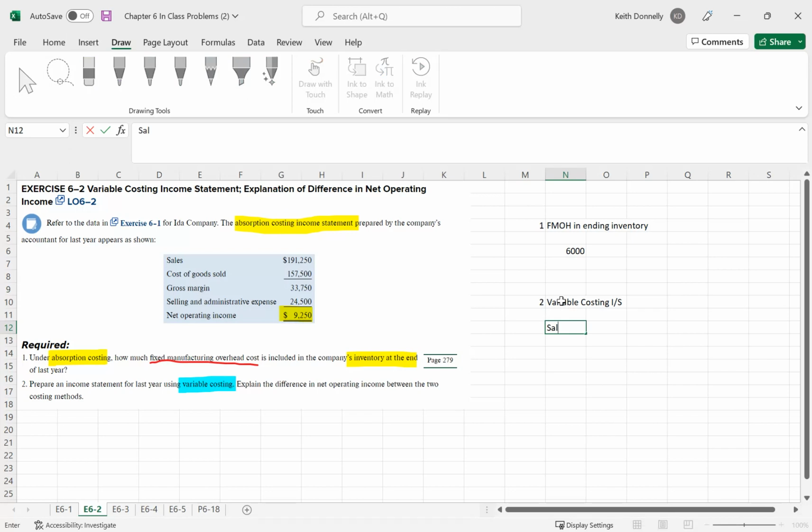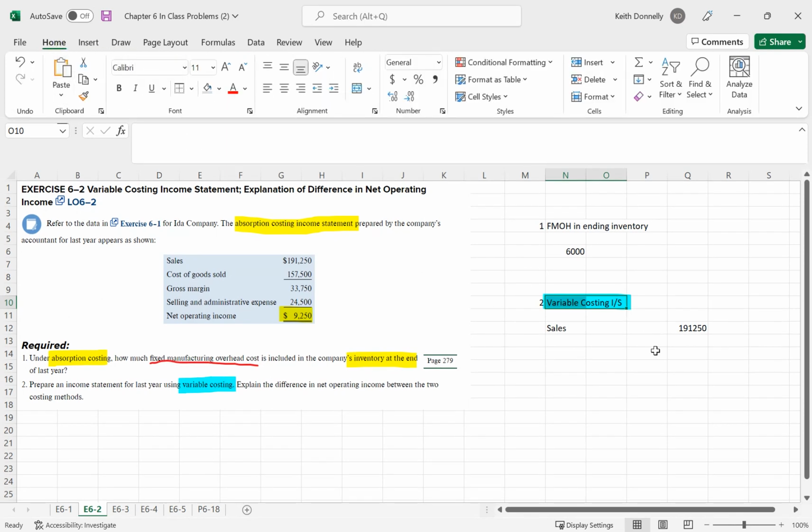All right, let's start with our sales. Where are we getting this from? Right here, 191,250. That's going to be the same between them. Some of these numbers, like this is absorption costing. This one's variable costing. Some of the items are going to be the same.